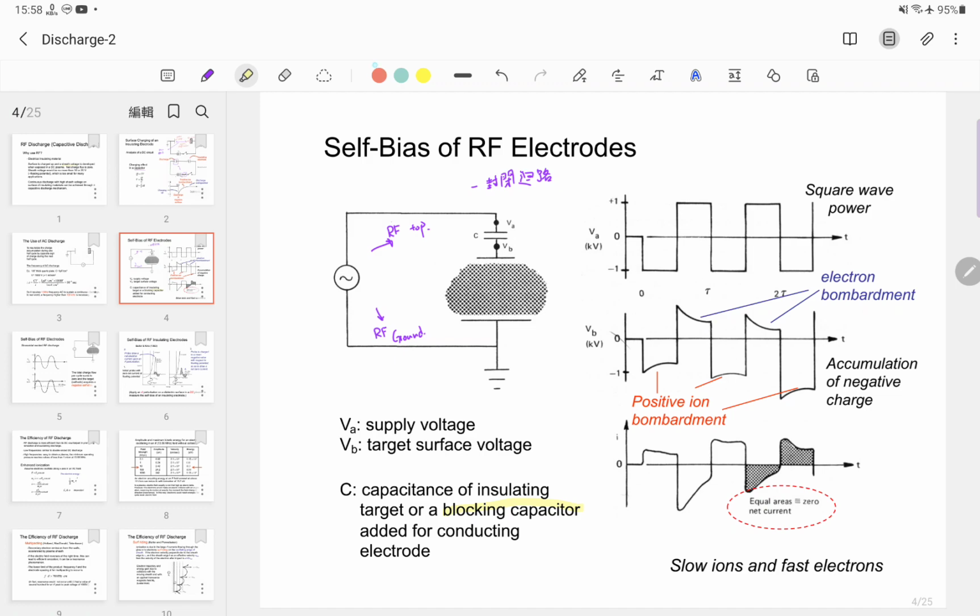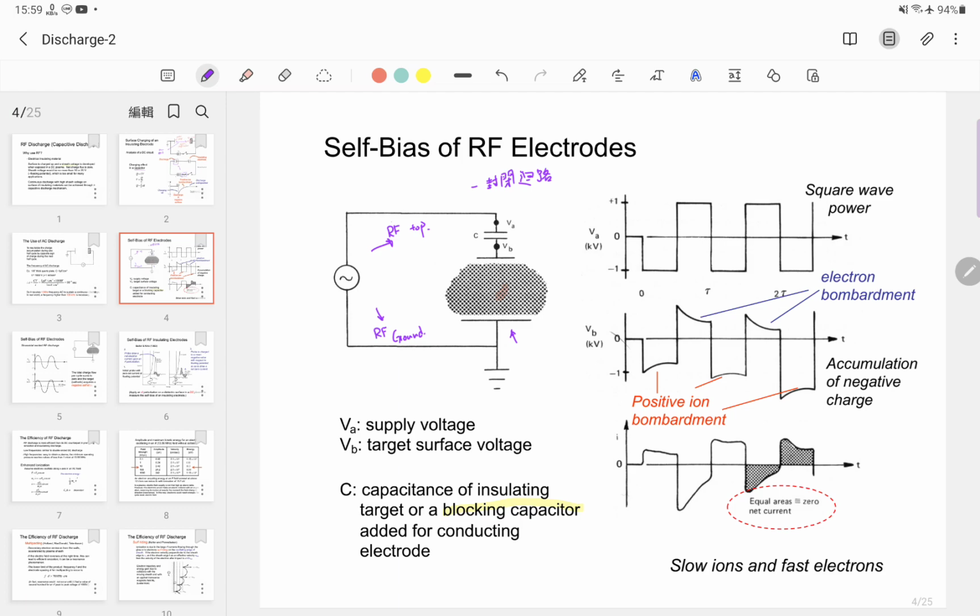Otherwise, if you place two pieces of metal, one as cathode and the other as anode, and generate an RF plasma, if the circuit has no capacitive component, the relative potential of the RF part and the potential of the ground will change with time.